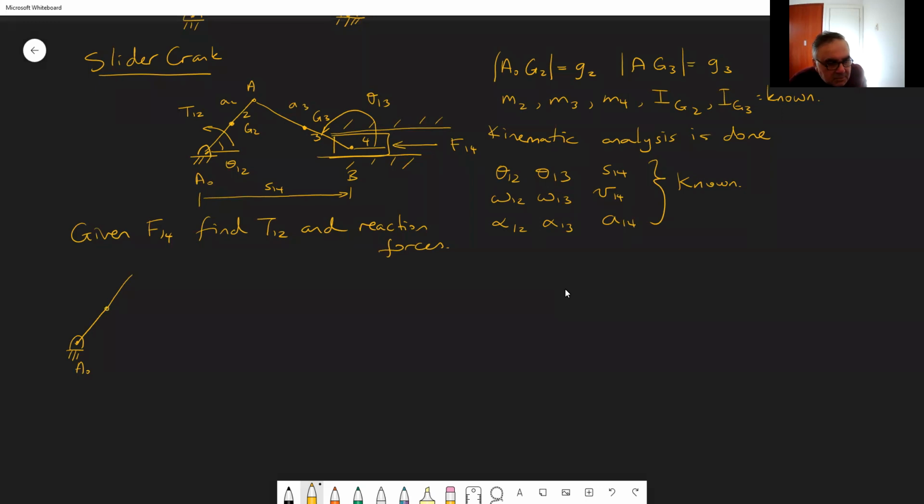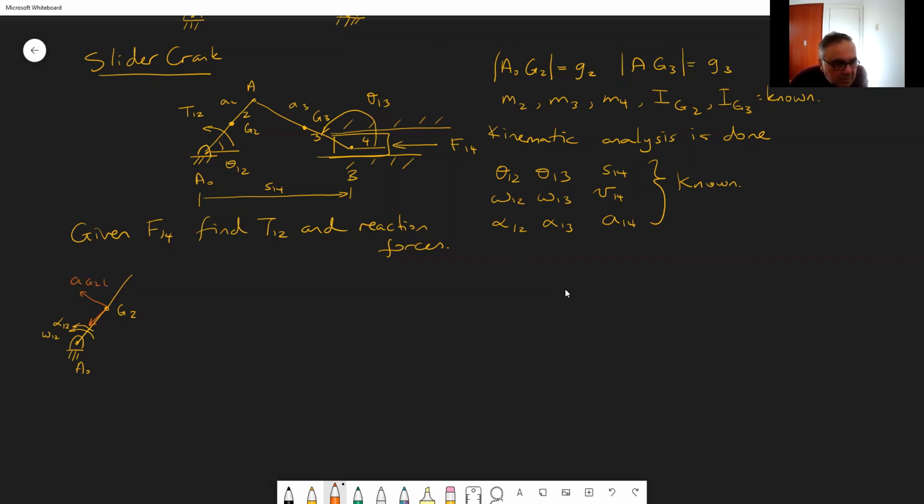This is G2. And this distance is G2. We have omega 1,2 and alpha 1,2 as well. We have the tangential component of acceleration, and we have the normal component.